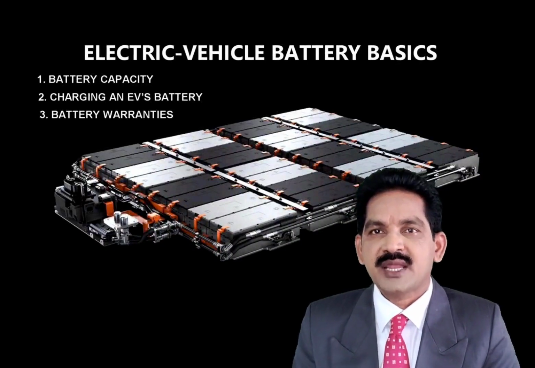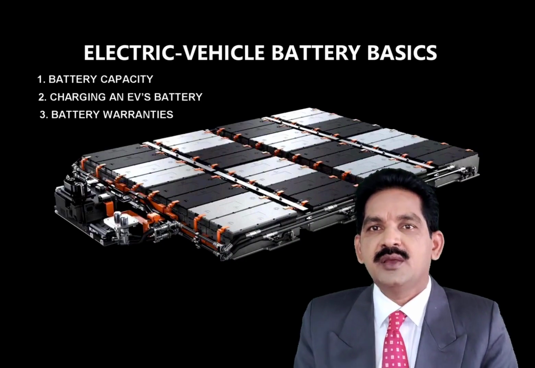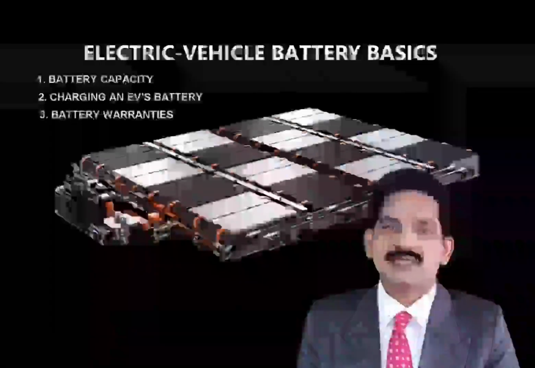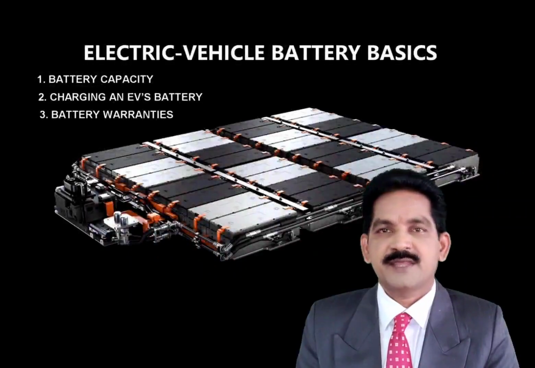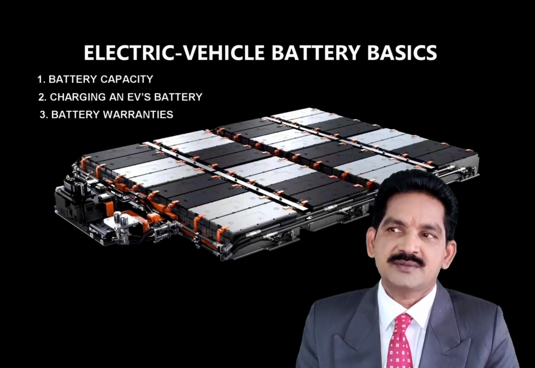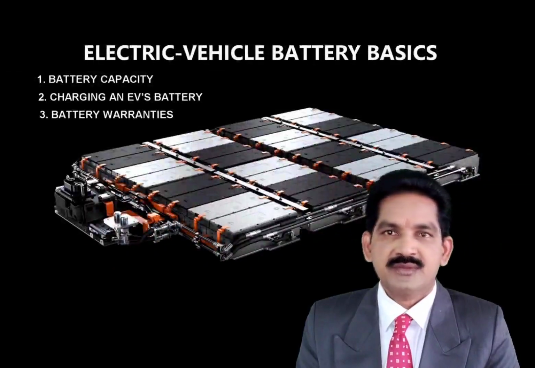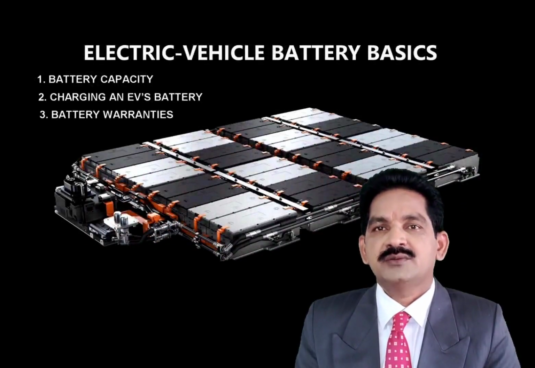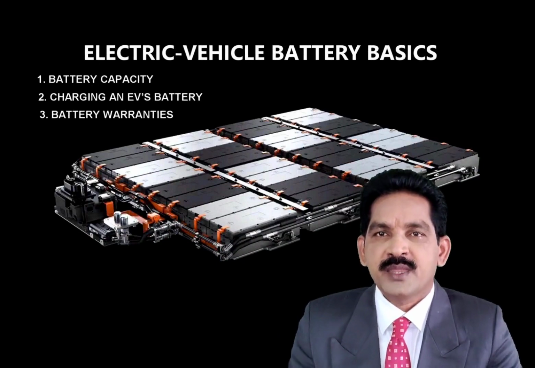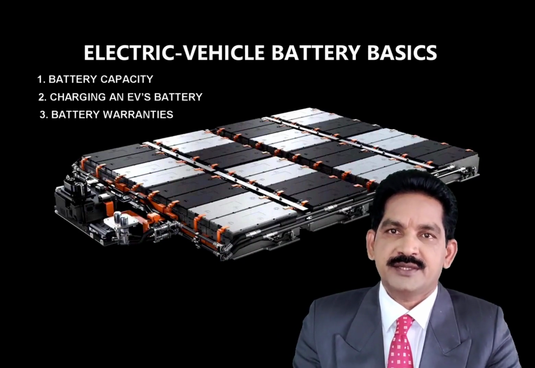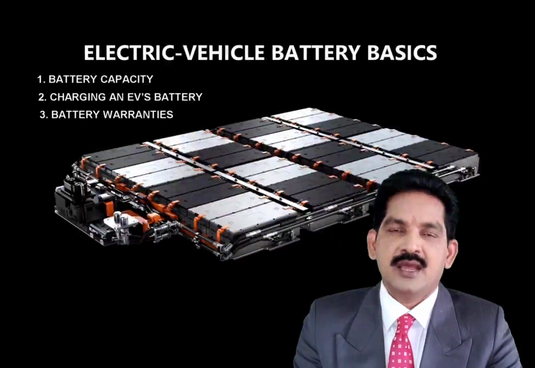Battery capacities of the current electric vehicles range from a mere 17.6 kWh in the Smart EQ ForTwo, with a range of just 58 miles, up to 100 kWh in the Tesla Model S and Model X, that can run over 300 miles before needing a charge.